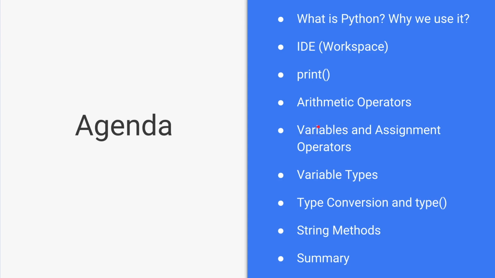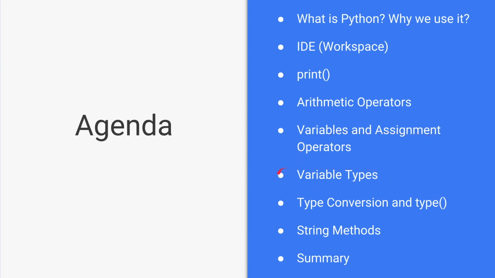We're going to look at what variables are and what assignment operators are. This is a really important and often misunderstood concept, especially for beginners: assignment operators versus comparison operators. We're going to look at these topics in detail.